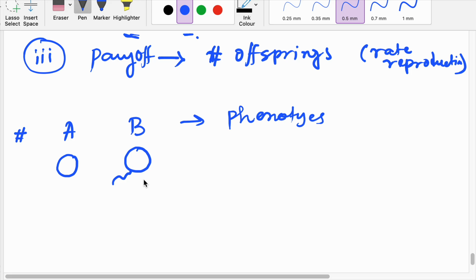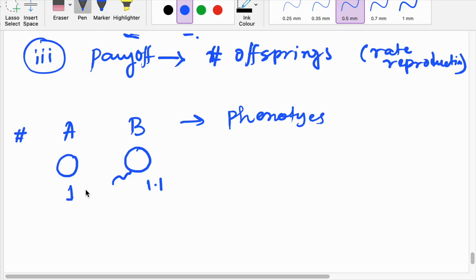If I write that benefit in terms of fitness, B has a fitness higher than A. In the normal case, suppose B has a fitness of 1.1 and A has a fitness of 1.